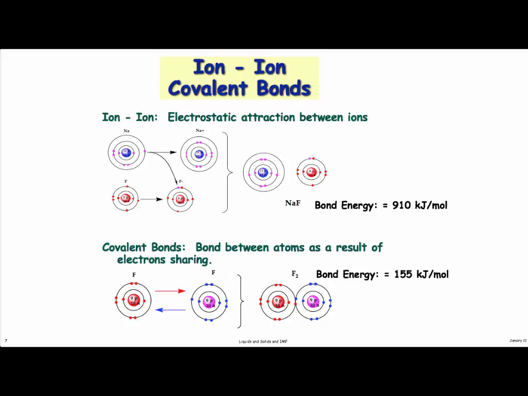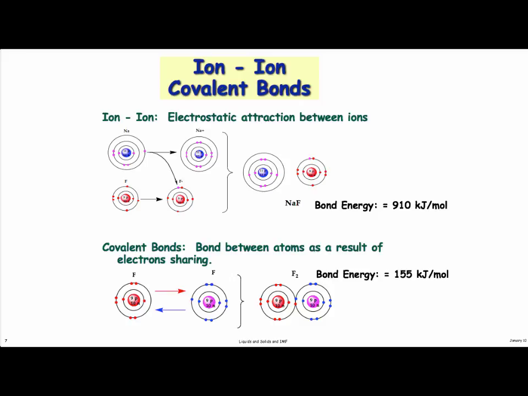The sodium positive and the fluorine negative are going to be attracted by electrostatic interaction. That's an ionic bond. That's ion-ion intramolecular force. That force is generally about 910 kilojoules per mole.